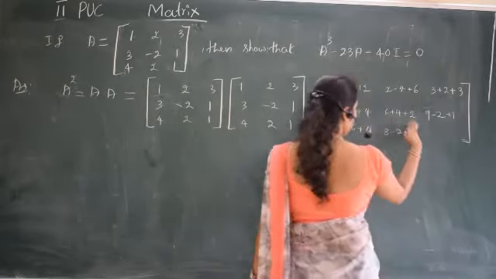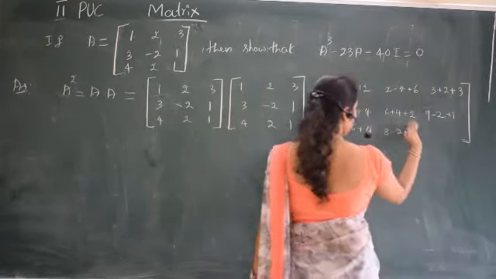So we got this A square is equal to, after this we can write it as A square will be 12 plus 6 plus 1. So 12 plus 6 plus 1 is 19. Then it is 4. Then it is 8.